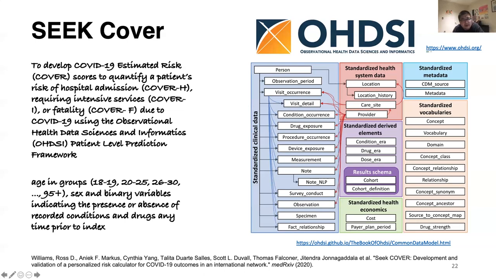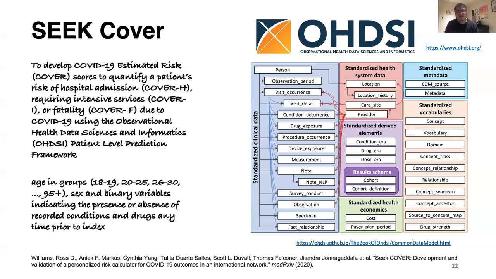They included predictors described here, including age group, sex, and binary variables indicating the presence or absence of recorded conditions and drugs any time prior to the index.